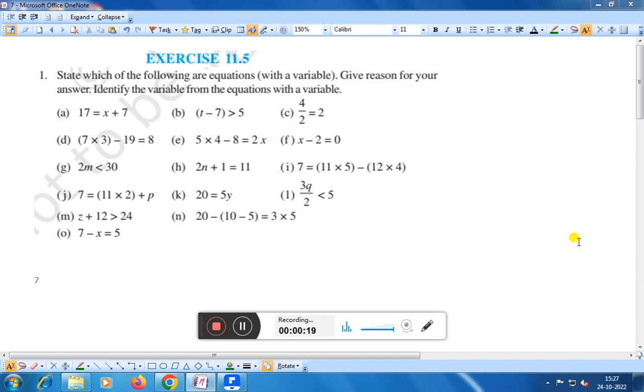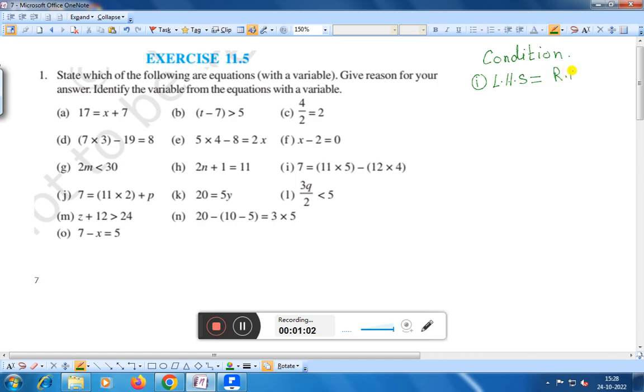Right? First of all, we have to know what are the conditions in which you can say that it is an equation. Actually, there are two conditions. The first condition is that the left hand side is equal to the right hand side.